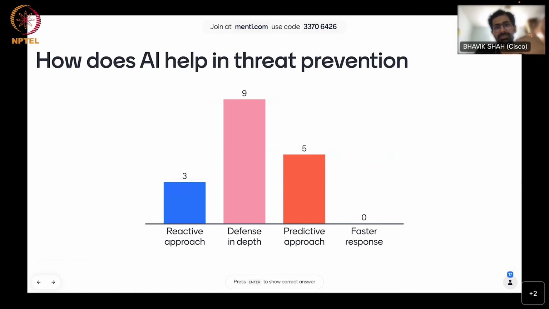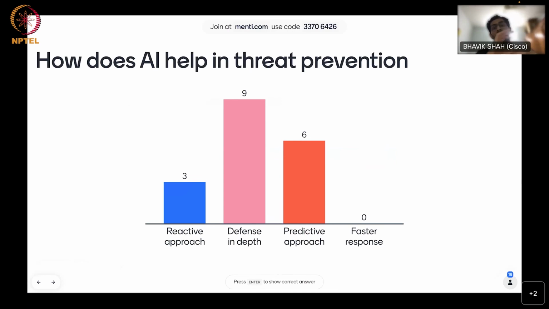But where AI helps is that since now the perimeter is thinner, it is no longer tied to the enterprise network. The network is now everywhere, right? Which means the way AI can help you in threat prevention is by a predictive approach, right? Because defense in depth was always reactive, right?